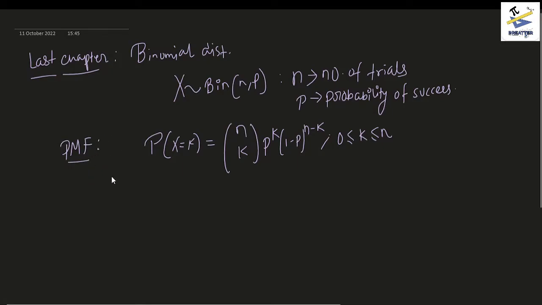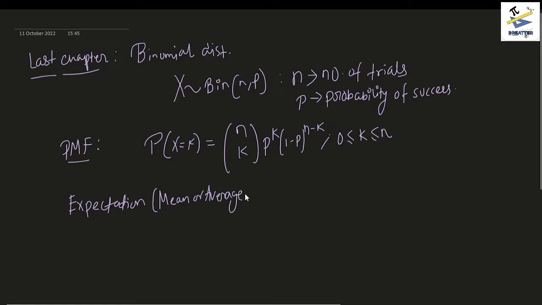What we have learned is that this PMF is valid for all values of k from 0 to n, which is the number of values the random variable x takes when it is following a binomial distribution. The expectation, sometimes we also call it the mean or average.